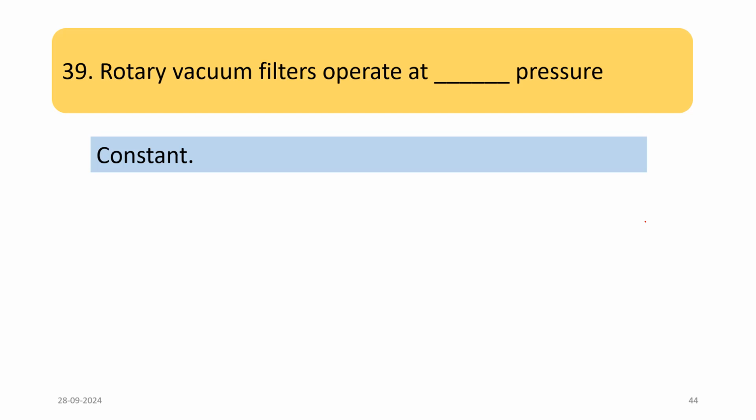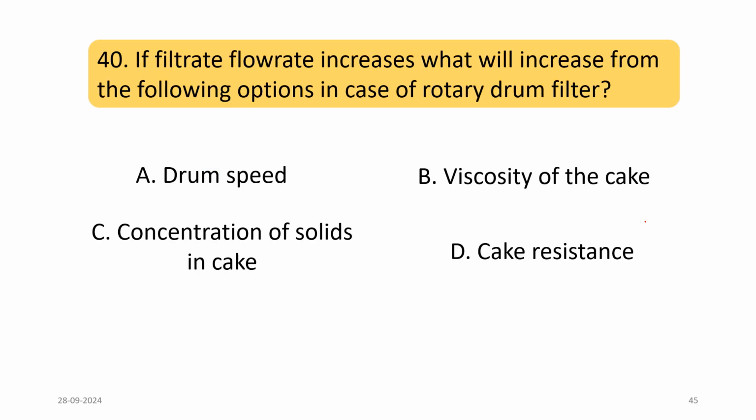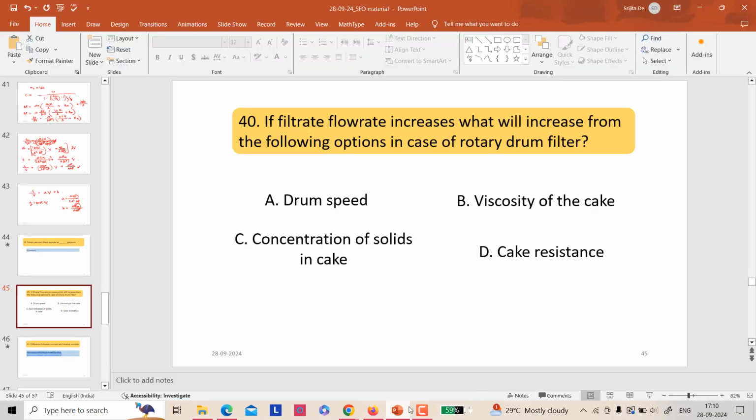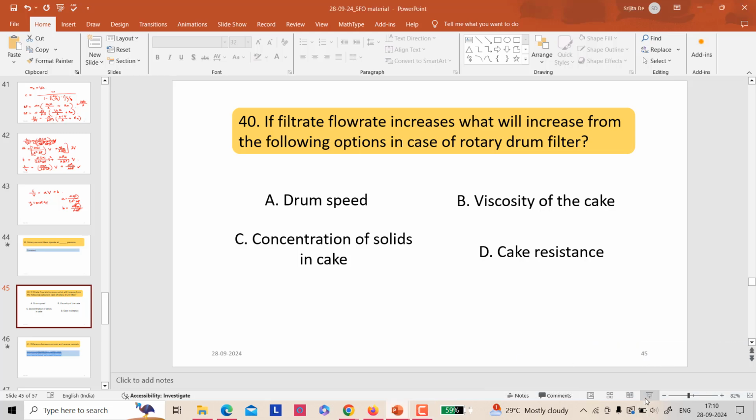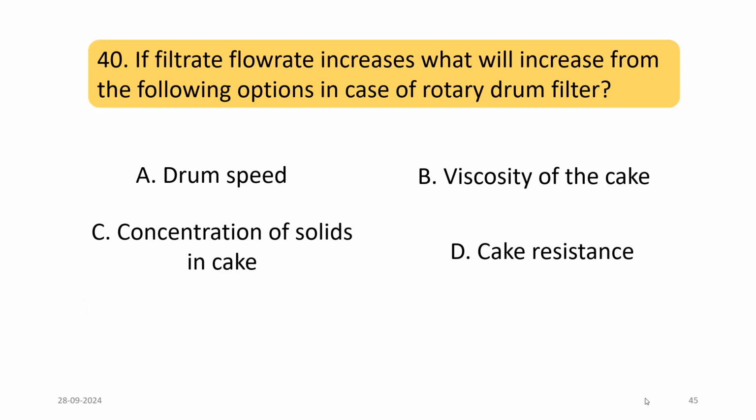So if filtrate flow rate QF increases, A will increase, delta P will increase, Fs will increase, N will increase. So drum speed is N, right? Otherwise viscosity will be decreased because it is in denominator. Concentration of the cake solids C and cake resistance alpha are all in denominator, so those will decrease if flow rate increases, right? So it will be drum speed.